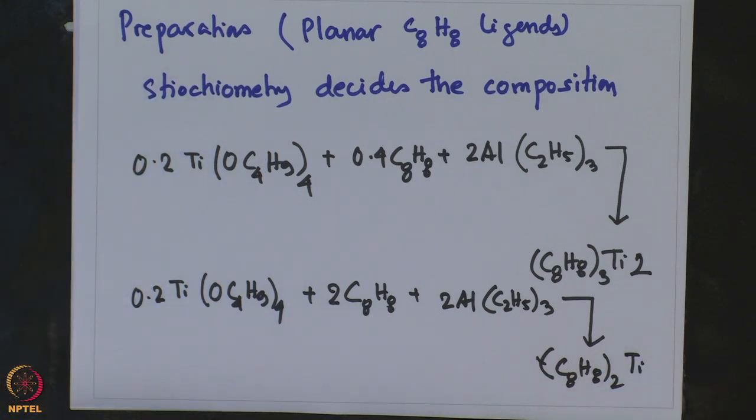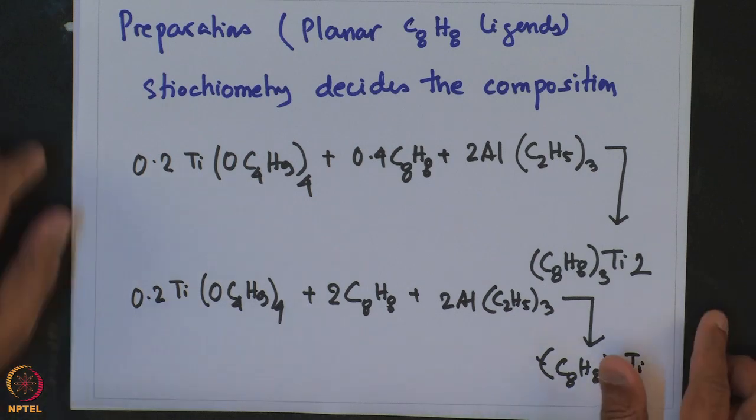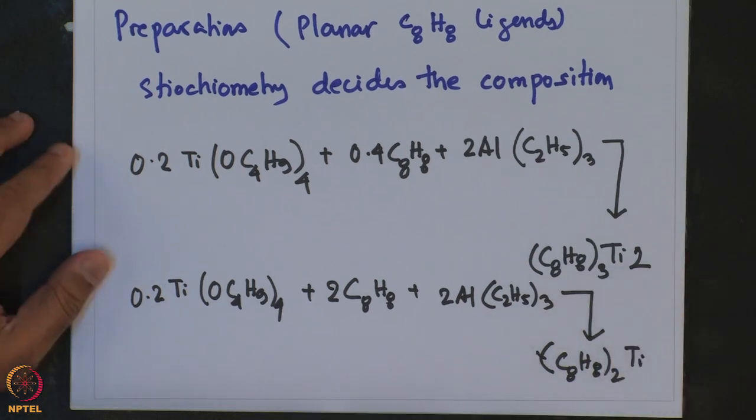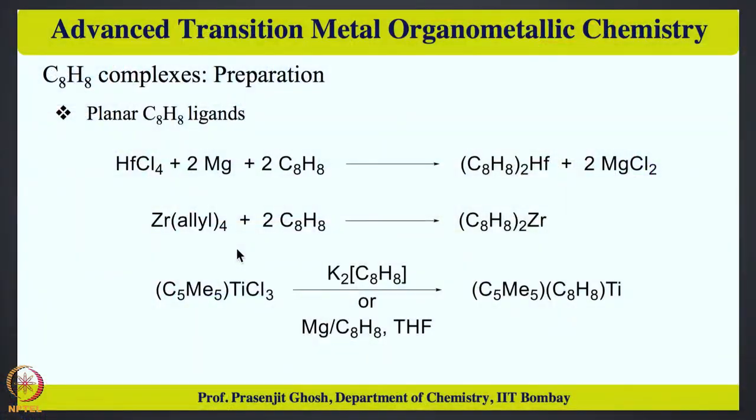So, what is observed over here is the fact that the reaction stoichiometry decides the composition of the product. Some more examples are shown over here.